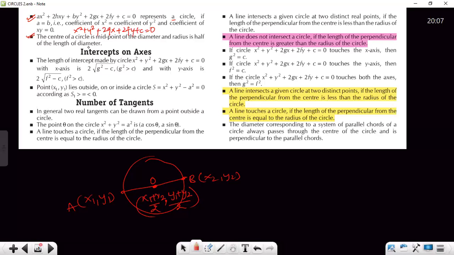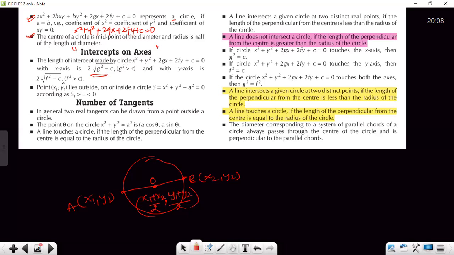Let's find out the intercepts on axis. We have discussed this earlier as well. The length of the intercept made by the circle with the x-axis is 2 into square root of g square minus c, and with the y-axis is 2 into square root of f square minus c. In this case, f square has to be greater than c and g square has to be greater than c.